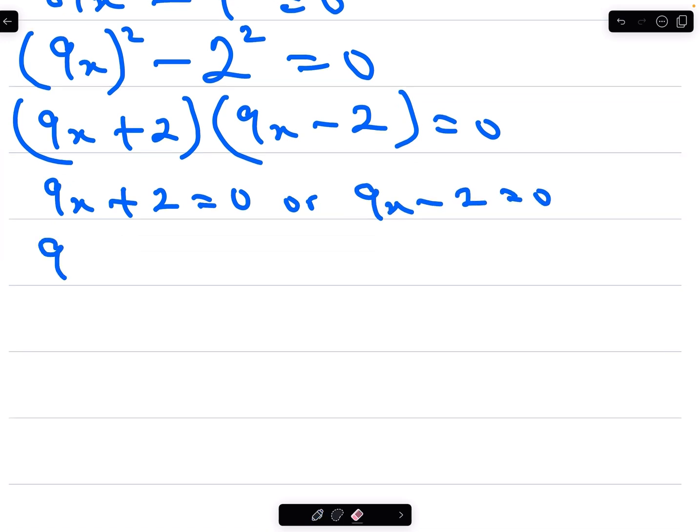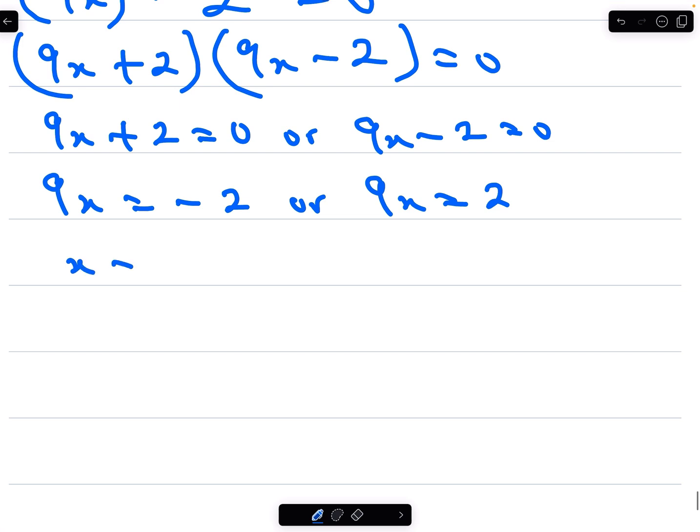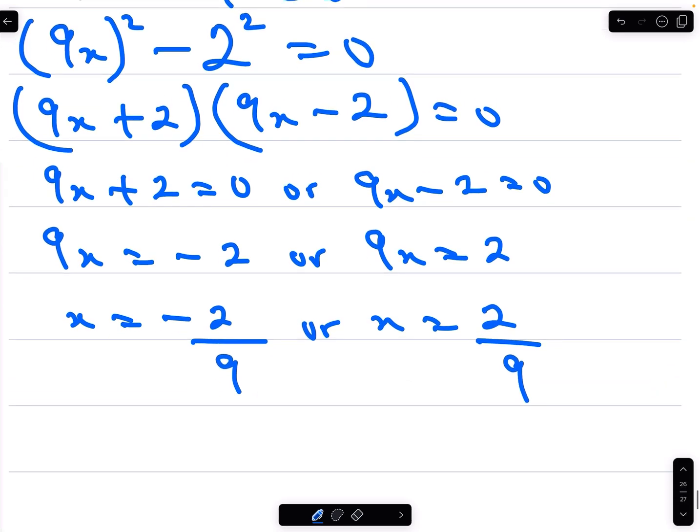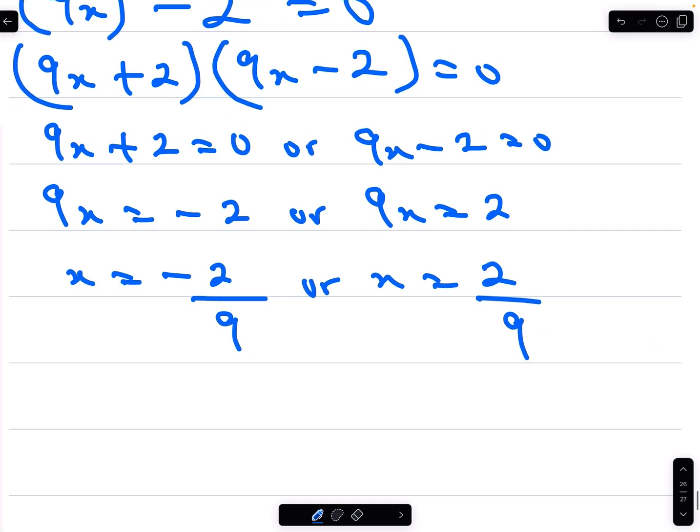And that means 9x equals minus 2, or 9x equals 2, and therefore x equals minus 2 over 9, or x equals 2 over 9. And that's it. Very, very simply. It's always a piece of cake, no matter how tricky it looks.